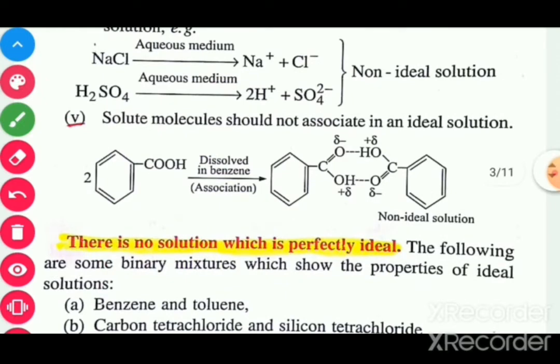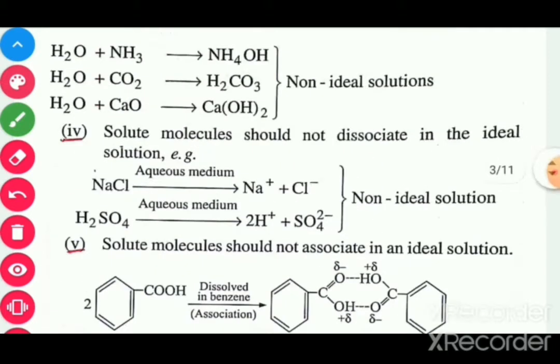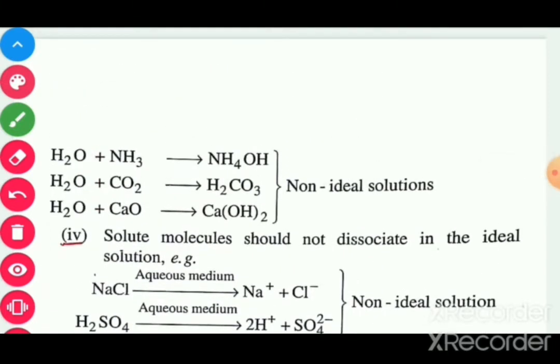Fifth point, solute molecules should not associate in an ideal solution. So in short, if the solution is ideal, the change in volume of mixing should be equal to 0, the change in enthalpy of mixing should also be equal to 0, and solute and solvent should not dissociate or associate during the formation of solution.